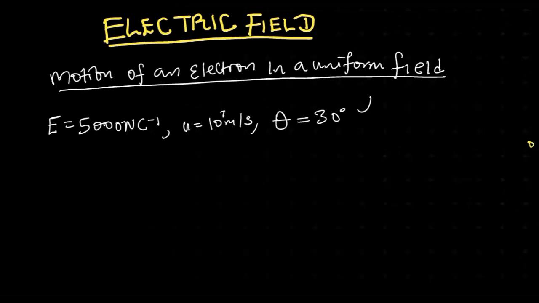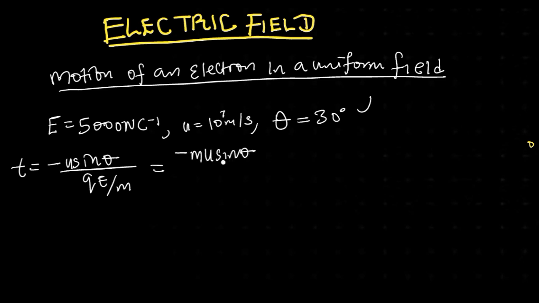So our t will now be equal to minus u sine theta over QE over m, which is the same thing as minus m u sine theta all over QE. Are you together now?